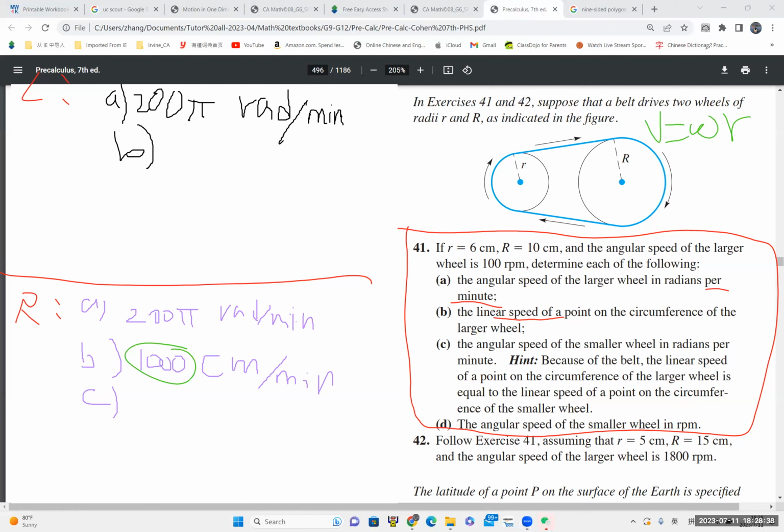So omega is 200 pi, times r. Just use centimeter. Then suppose pi is still there, if you don't round it. Anyway, think about it. If it's not correct, just cancel it, then write the correct answer nearby.